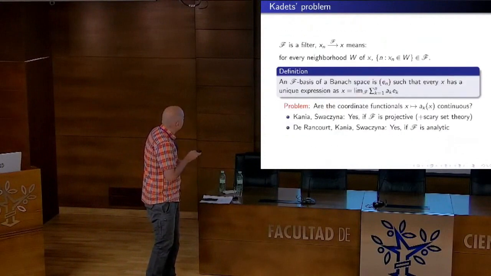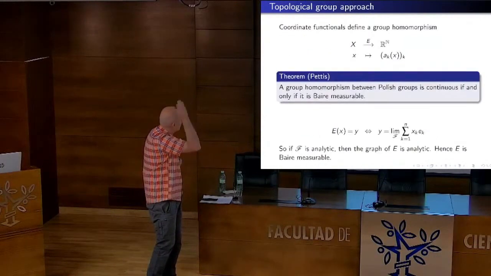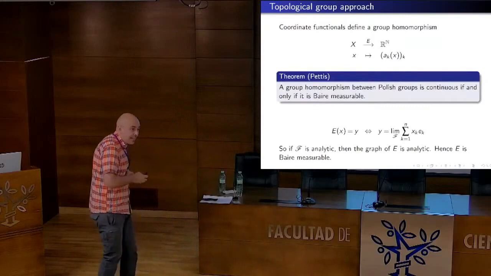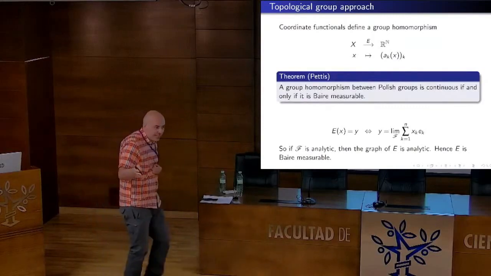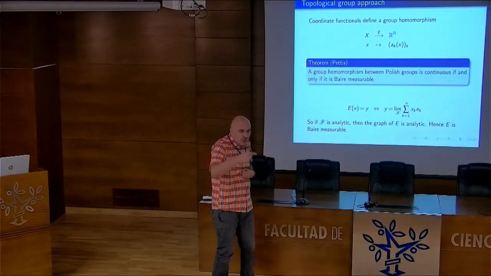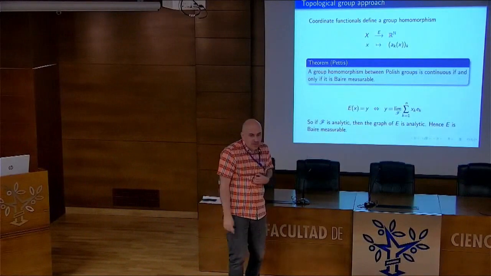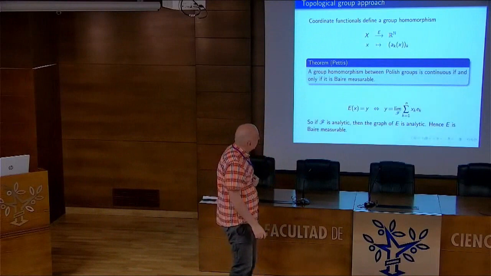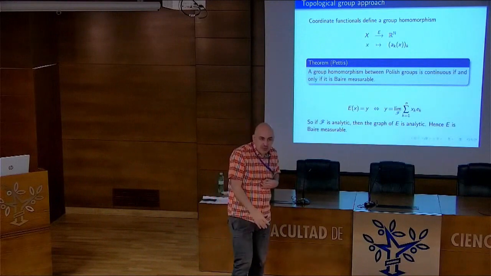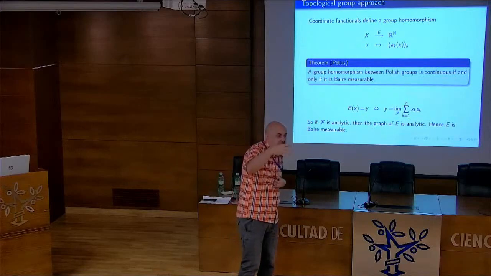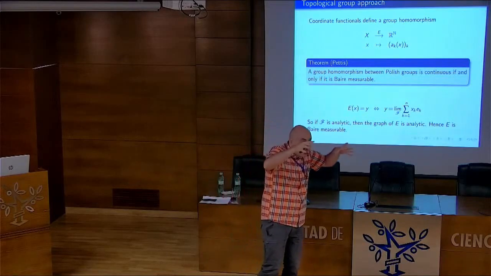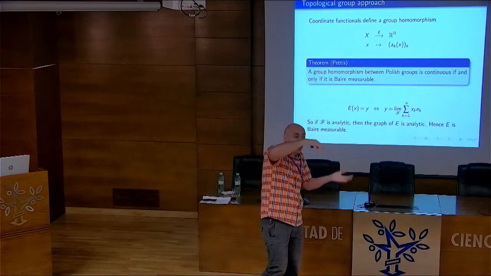There was Christian there, and he approached me during a coffee break, and he told me, look, I think I can do this stuff of the continuity of the functionals using some machinery from topological groups, which makes it so that the things these guys have been doing by hand can be derived from general theorems on topological group theory.